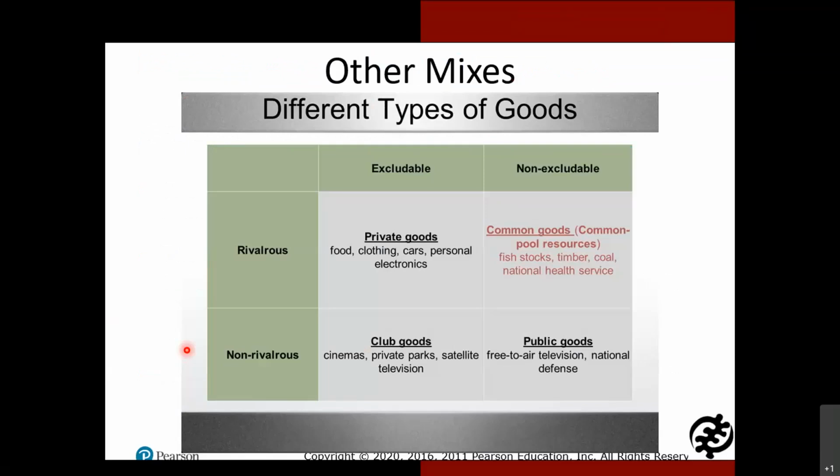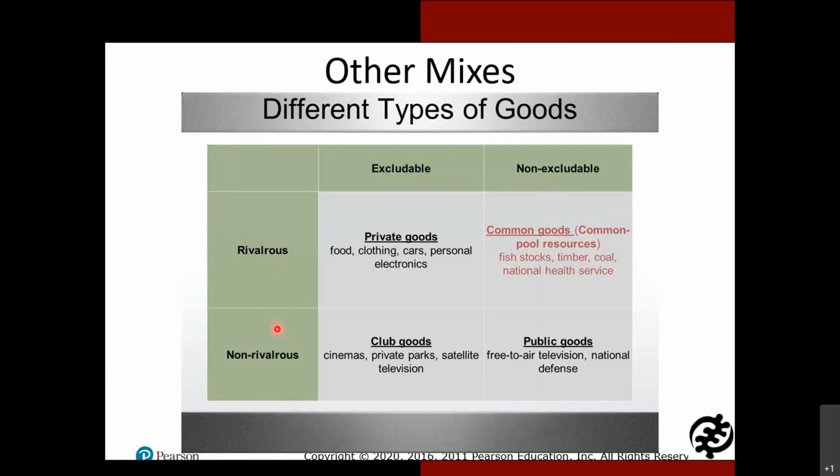When we talk about goods, things, stuff we buy, there are two main dimensions. The first is rivalrous versus non-rivalrous. Now, right here, I have in my hand a glass and I have a caffeinated beverage of choice in it.